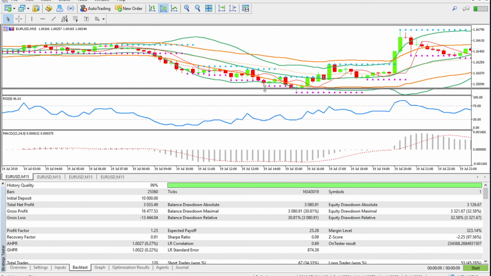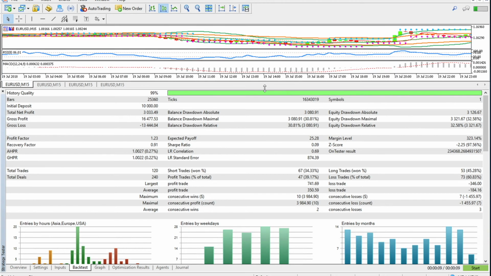This expert advisor was run over the course of, I think, 6 months, and we made a total net profit of 3,000 over 120 trades. So it's pretty good. And this is what I wanted to talk about, the drawdown maximum. It's at 30%, which is pretty high. So I guess a good goal would be to have it below 15%.